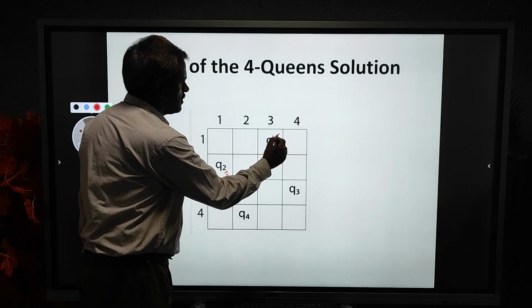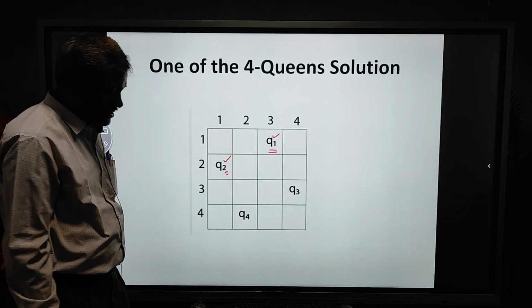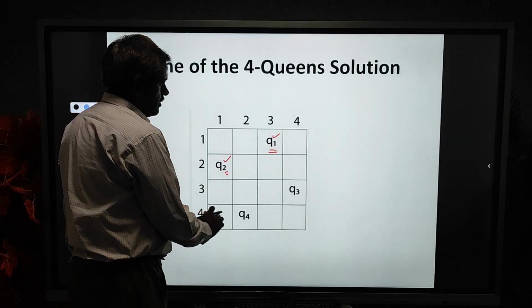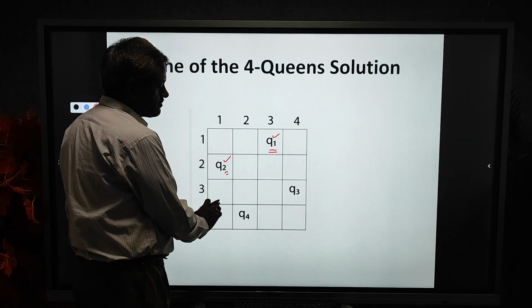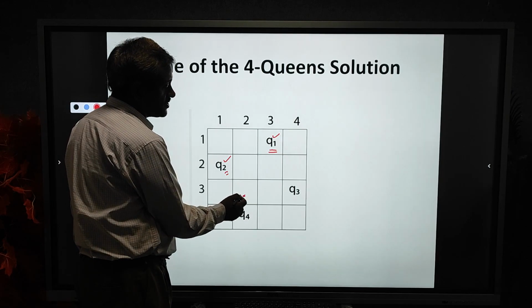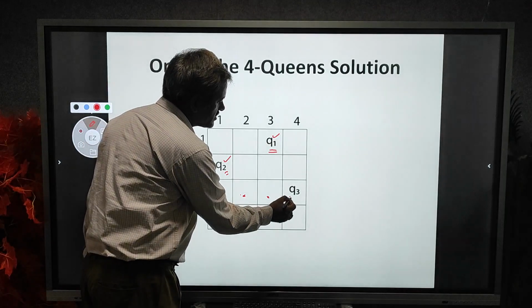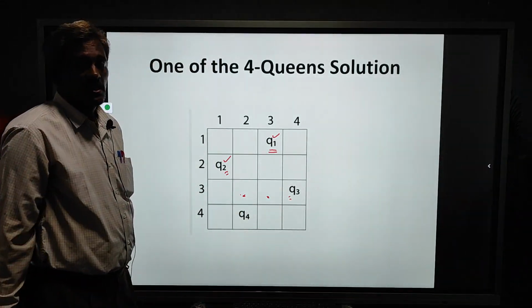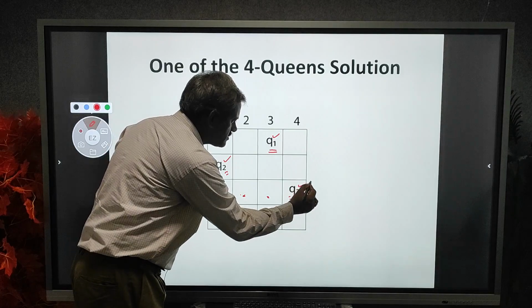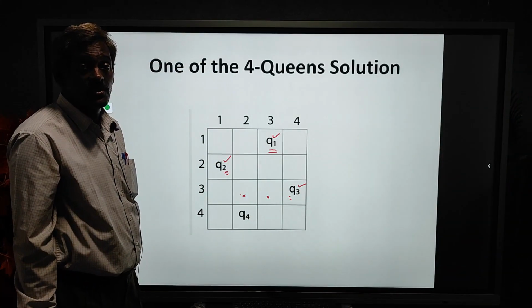That means Q1 and Q2 are okay. Now I am going to check for Q3. If I place it here, this is not possible. Here, as per the diagonal of Q2, it is not possible. Similarly, here also, as per the column wise. This is free. Sorry, I am able to place Q3 there.